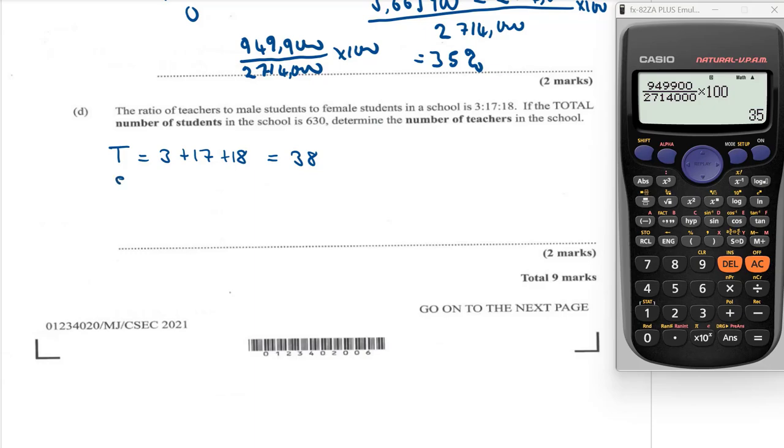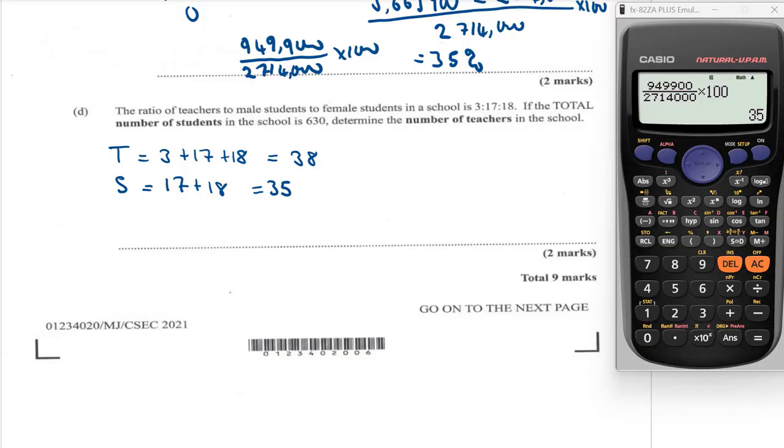So let us say S. Let us find the total ratio for our students. That's going to give us 17 plus 18, and that is equal to 35.